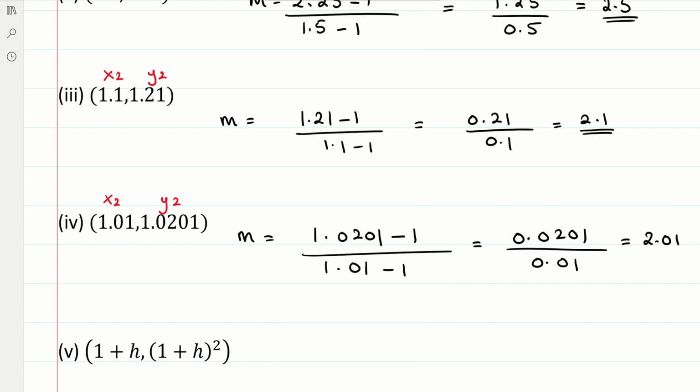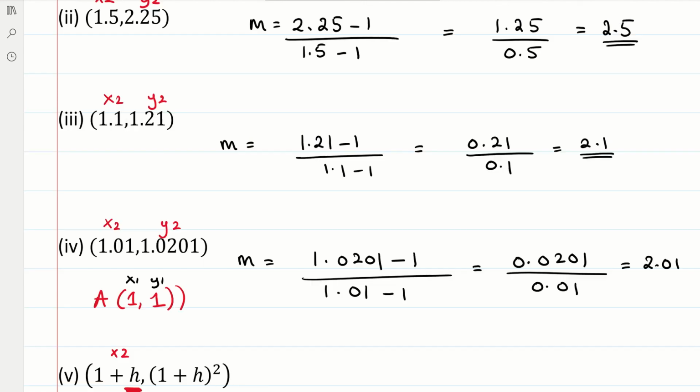And then what they've done is they've given you the coordinates algebraically. What they mean here is this: A is 1, 1. This is x1, y1. Now x2 is a small distance. H represents a small distance away from 1.